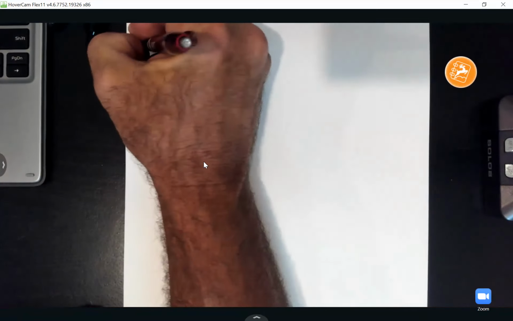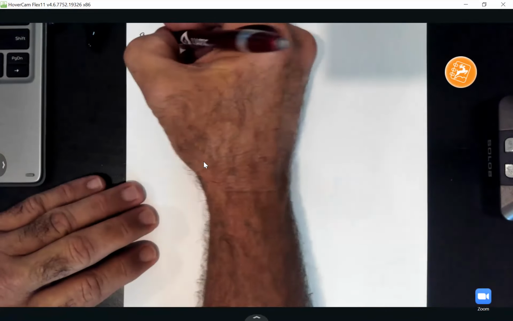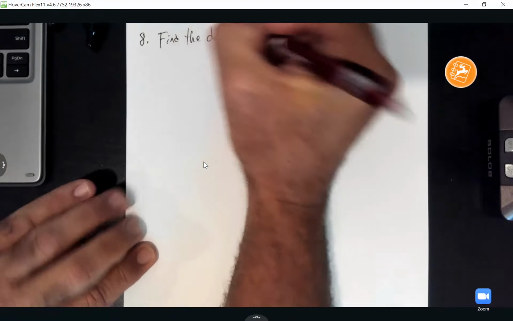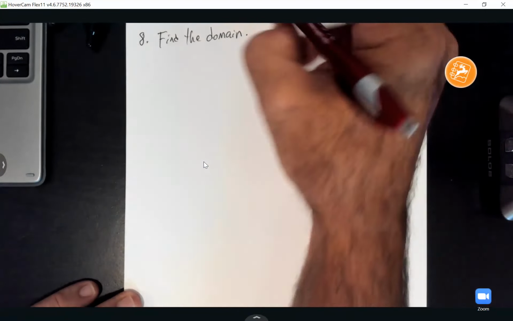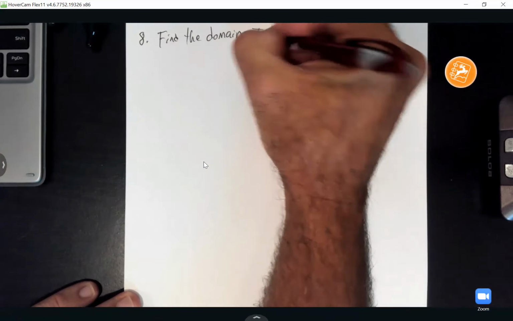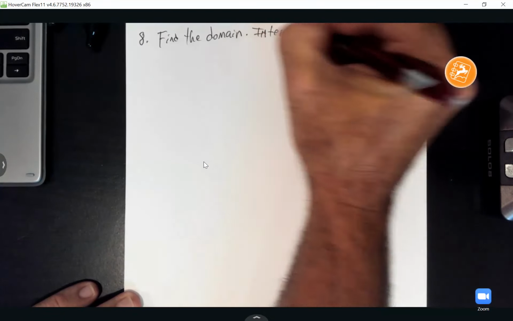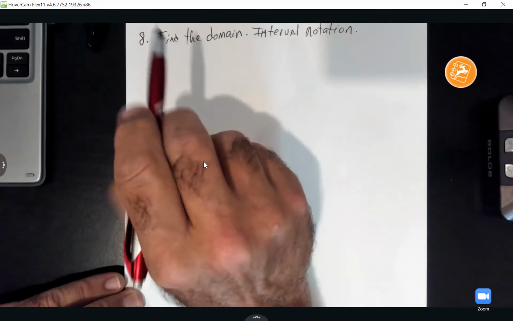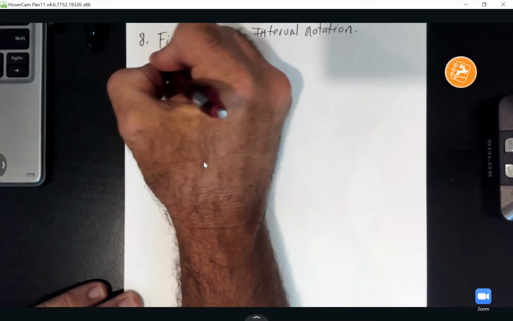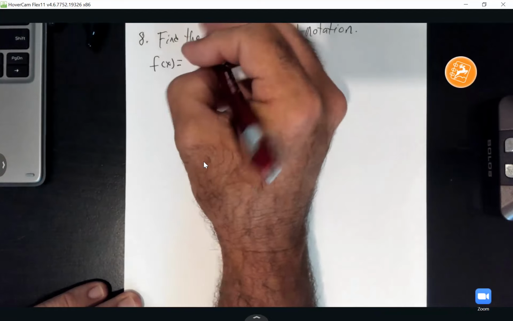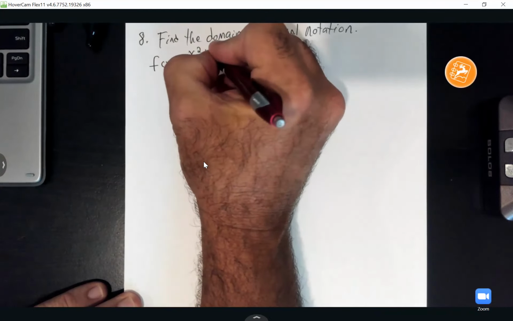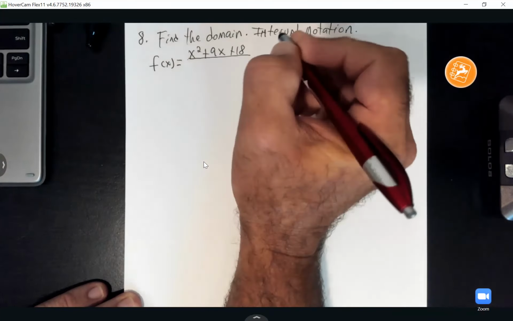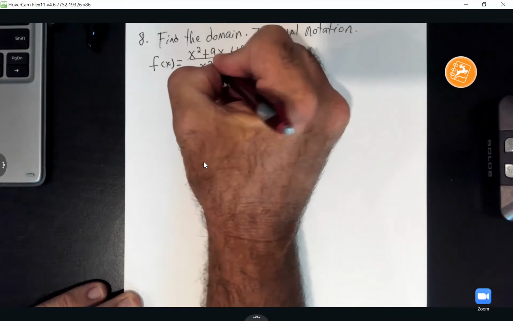All righty, y'all. Number 8, find the domain. Now, they want me to write the answer in interval notation. And when you're doing the domain of a fraction like I'm about to put up here, f of x equals x squared plus 9x plus 18 on the top all over x squared minus 1.